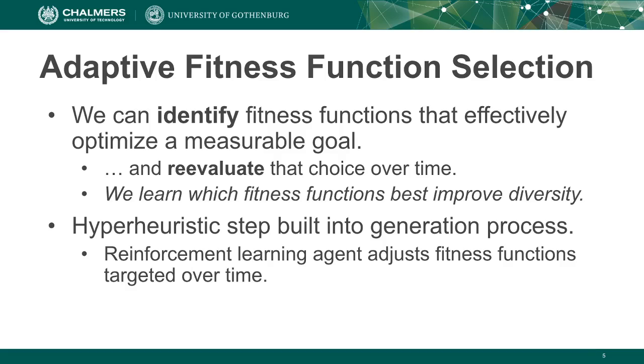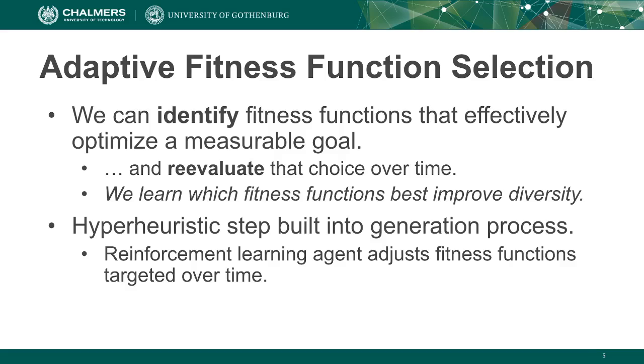In fact, we may even attain higher diversity by reevaluating our choice of fitness functions over time based on the changing test suite population. So careful selection and reevaluation of fitness functions could result in test suites that are more diverse than those generated targeting a single diversity metric alone or a naively chosen set of fitness functions.